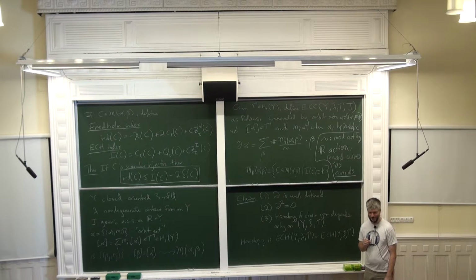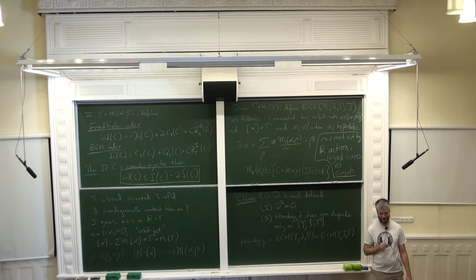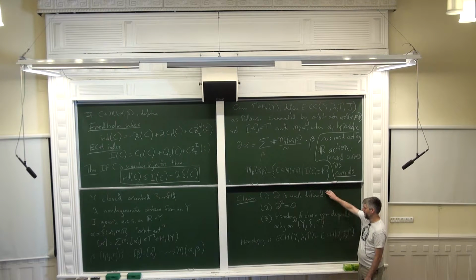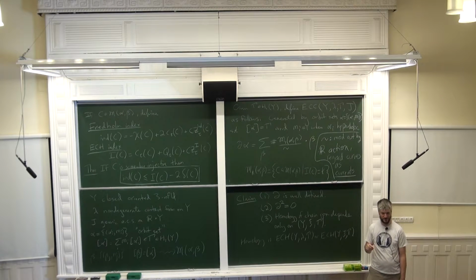I need to explain why the definition makes sense. The proofs of these claims are sort of easy. Number one is kind of easy. Number two is very difficult, and number three is ridiculous. So number one, modulo a couple of minor things I'll explain shortly. Number two is a 200-page paper, prepared by myself and Cliff Taubes.